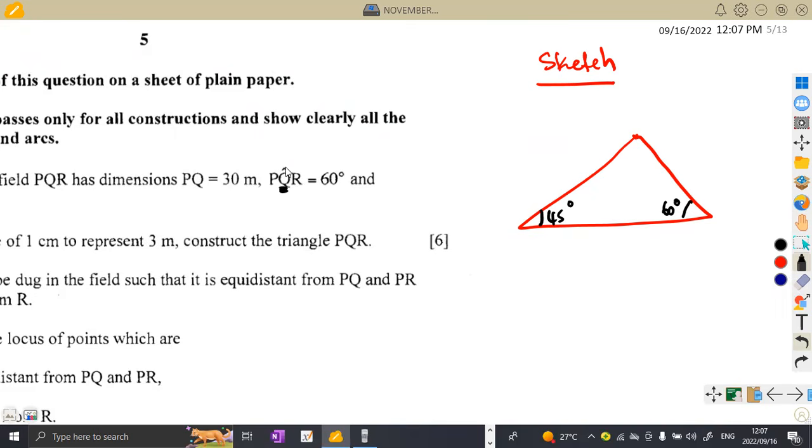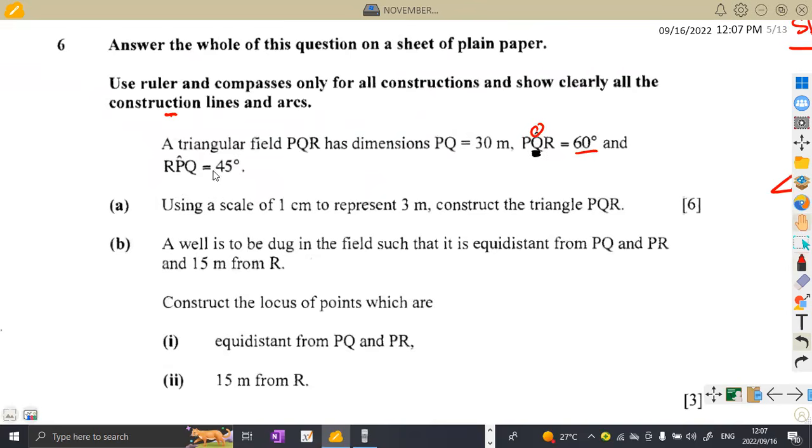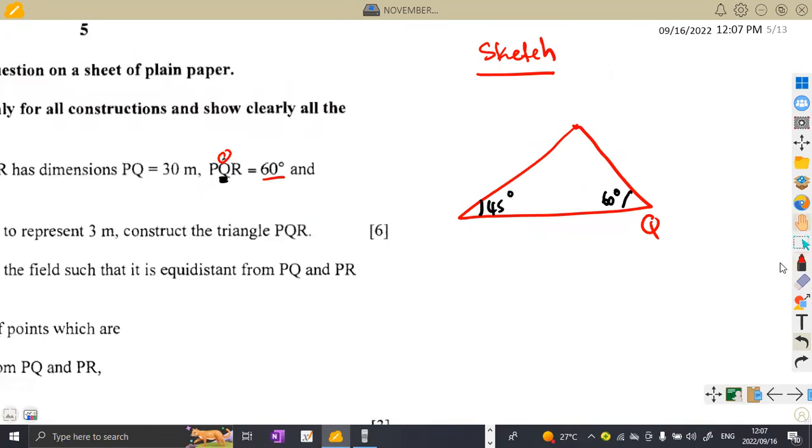Angle Q, the one that is indicated on top. So this is our Q, which is 60 degrees. And 45 degrees is at P. So this is your P here. So definitely this becomes our R. So it's triangle RPQ. And we are given that PQ is 30 meters. From P to Q is 30 meters.